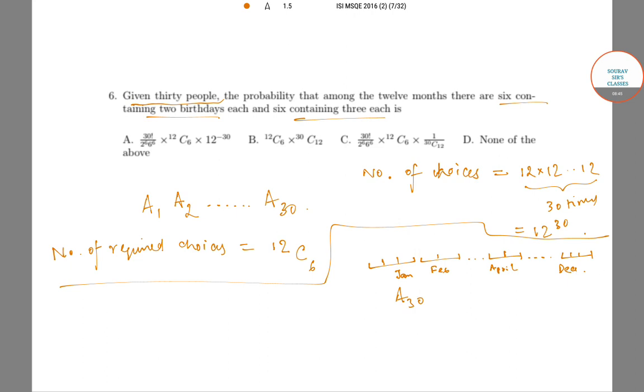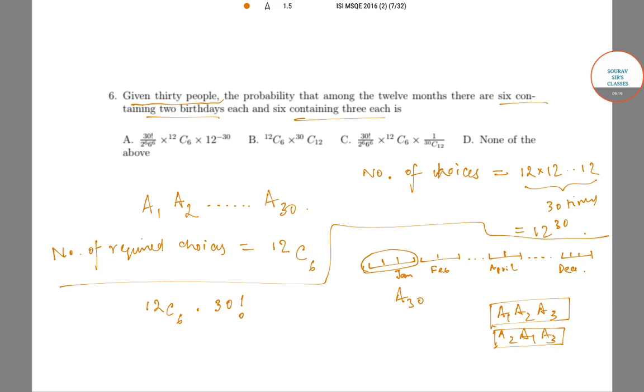Once we have created these blocks, we can just arrange the people in the same order. So what we have is 12 choose 6 times 30 factorial. However, in a particular month, suppose in January we have A1, A2, A3. Now this choice will be regarded the same as A2, A1, A3, as we do not really care about the permutation of the various choices.